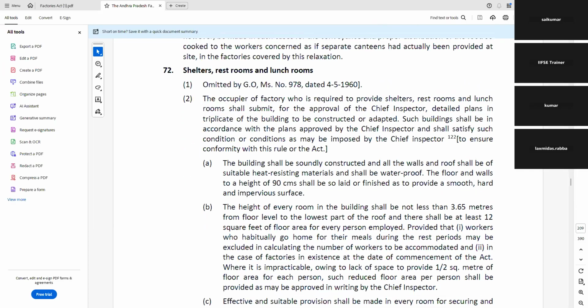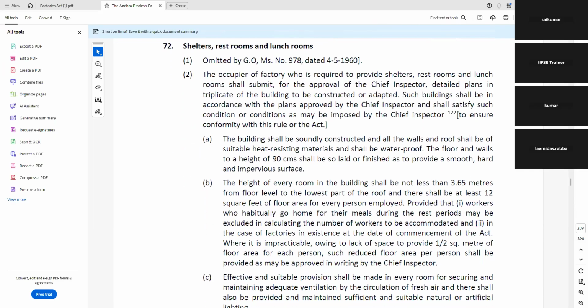Then shelters and restrooms. If you see the building of the shelters or restrooms, the building shall be soundly constructed and the walls and roofs shall be of suitable heat resisting material and shall be waterproof. The floors and walls to the height of 90 centimeters shall be laid with any finish so as to provide a smooth and hard impervious surface from the floor level to 90 centimeters.